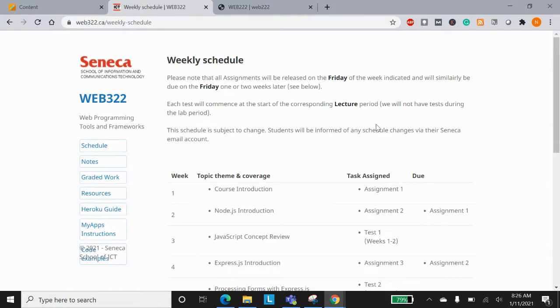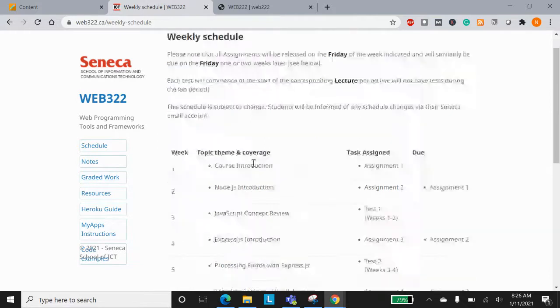Assignments are released on Fridays, and each test will commence at the start of the corresponding lecture period. This schedule is subject to change. Students will be informed of any schedule changes by email, and we will let you know if something happens that needs your attention.